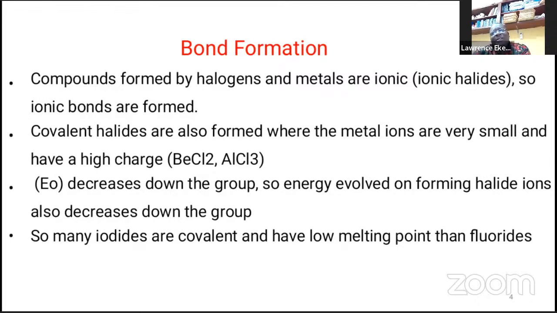So some of the halogens have the ability to form ionic bonding with metals, and they also have the ability to form covalent bonding with certain metals whose ionic size is small and which have a higher charge.